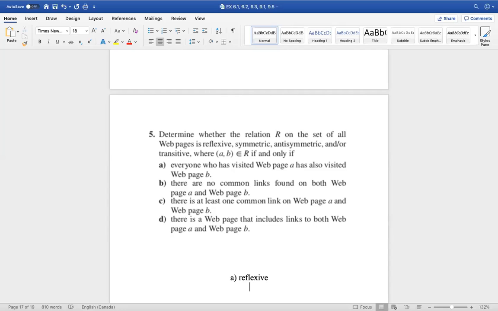Okay, so part B, there are no common links found on both web page A and web page B. Because there are no common links found, there is no relation in terms of finding the link on both web page A and web page B, we can say that this is symmetric.